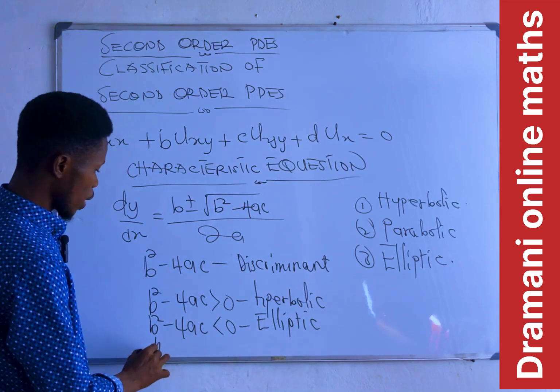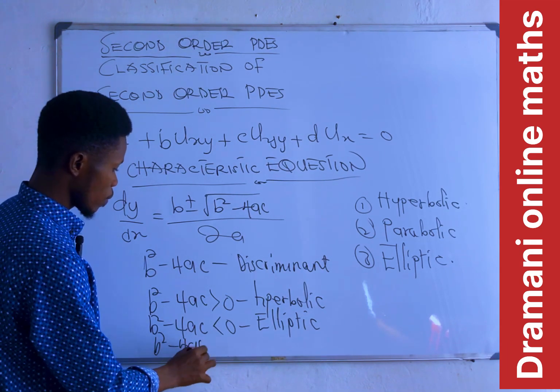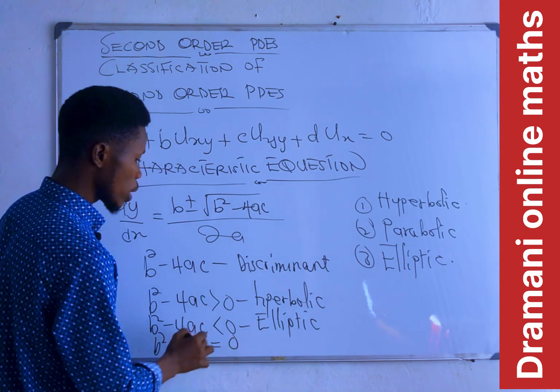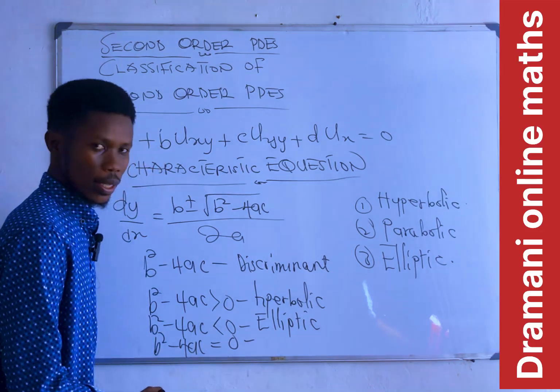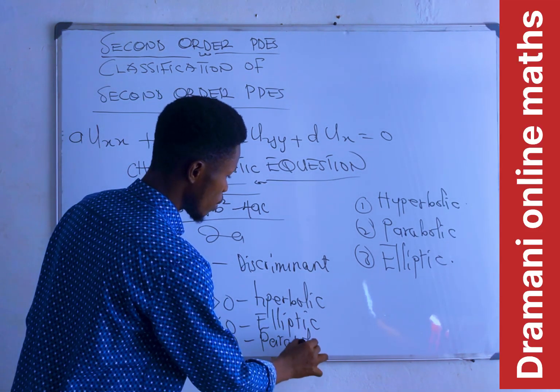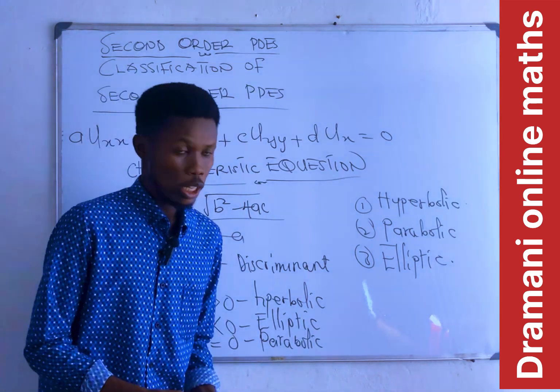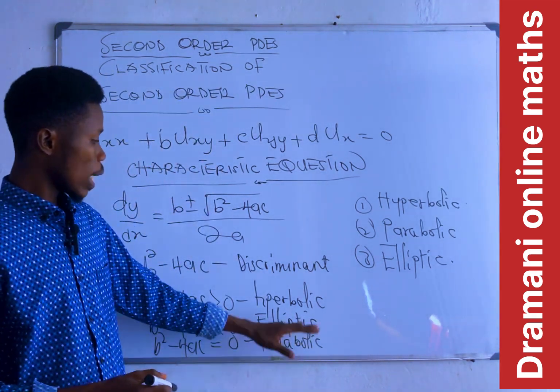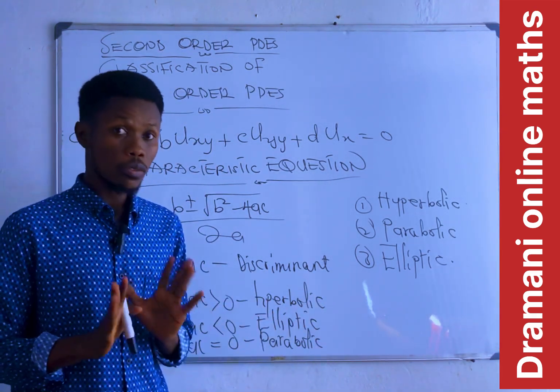And if the discriminant is equal to 0, then we name it parabolic. So this is how we classify them.